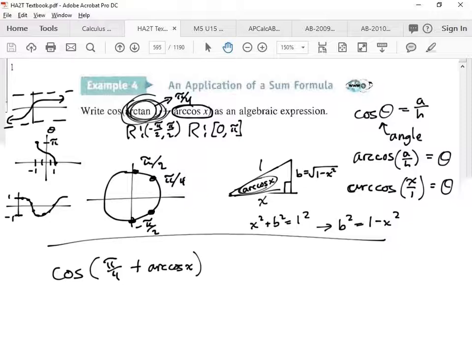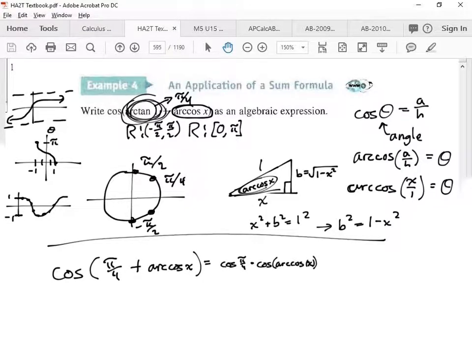Let's use the formula really fast, and you can see how this might simply work out, maybe. Do you remember the formula? It's cosine of pi over 4 times cosine of arc cosine of x, the other angle.